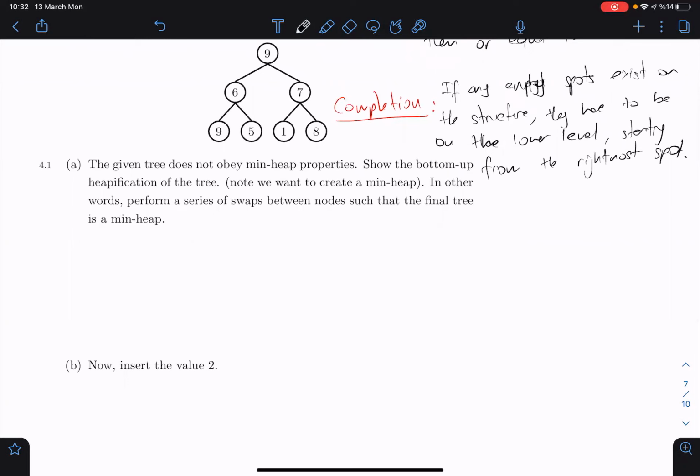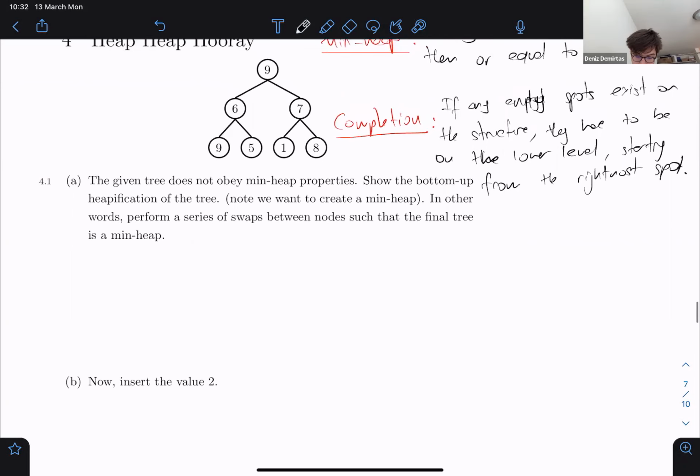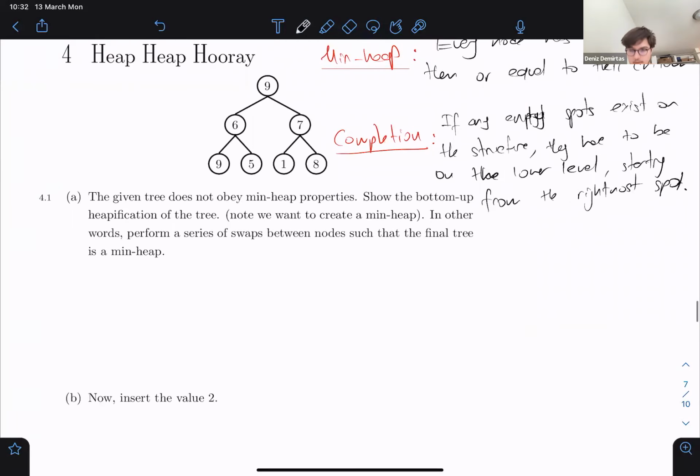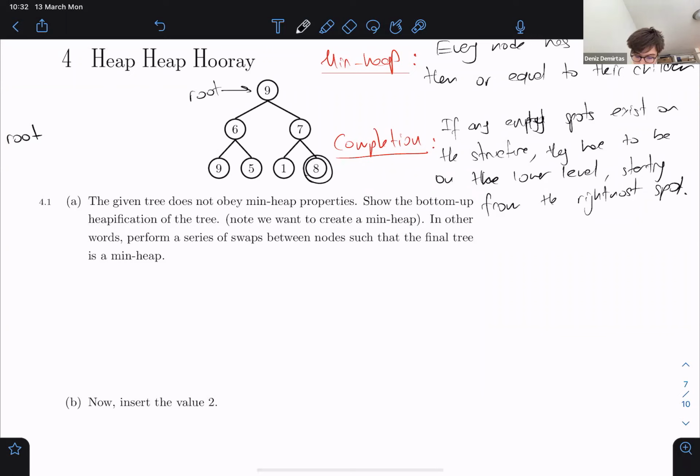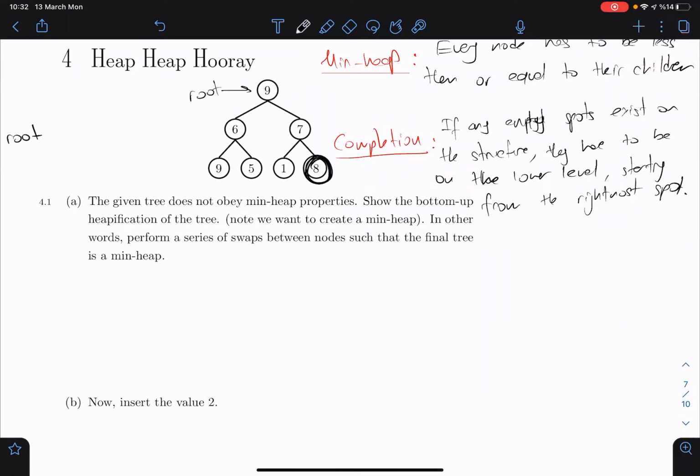And it asks us to bottom-up heapify the given tree. To remember what bottom-up heapification was, what we do is consider the array representation of the given heap, which has the root at the start of the array, and the spot of the last addition, which is the rightmost lower level, at the end.